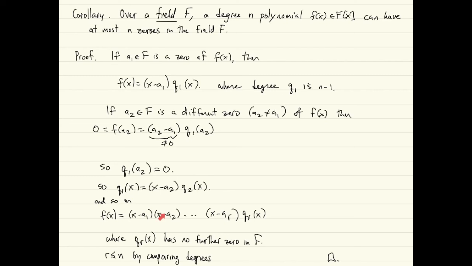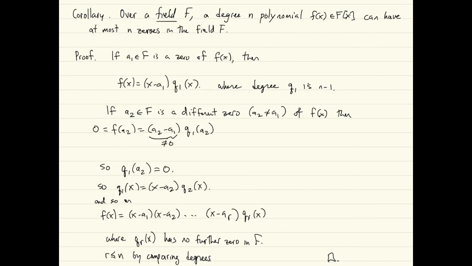And then when you multiply by these linear polynomials x minus a1, x minus a2, and so forth, this is going to be a degree r polynomial, and so the degree on the right-hand side is at least bigger than or equal to r, and that has to equal n.